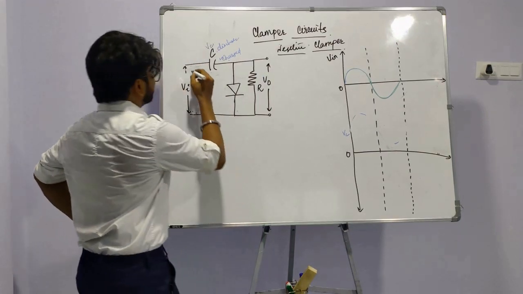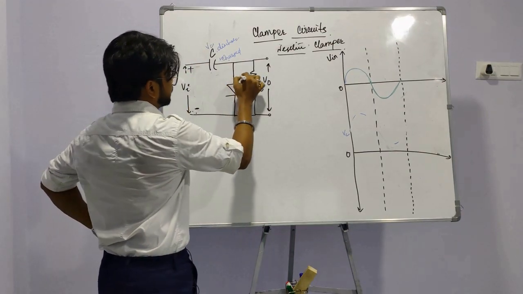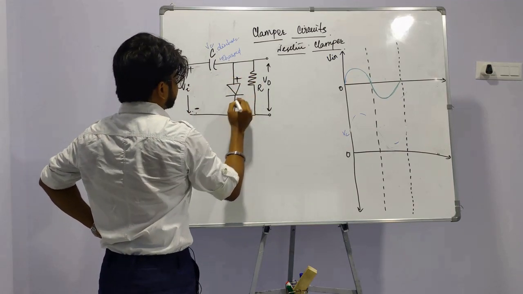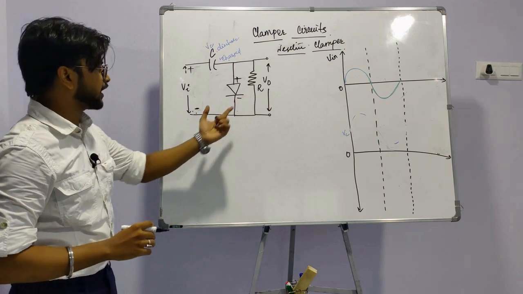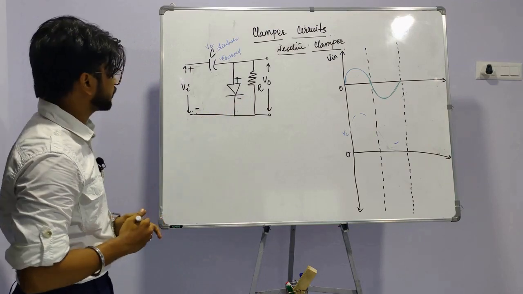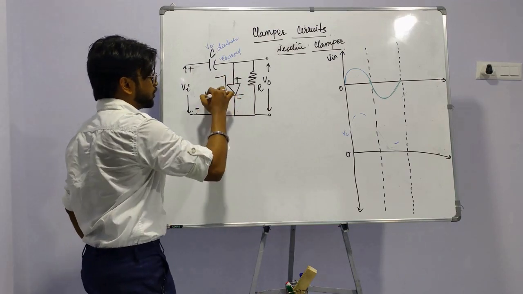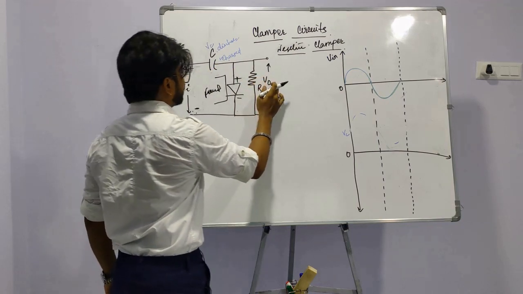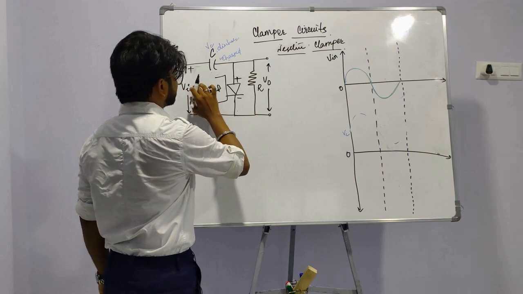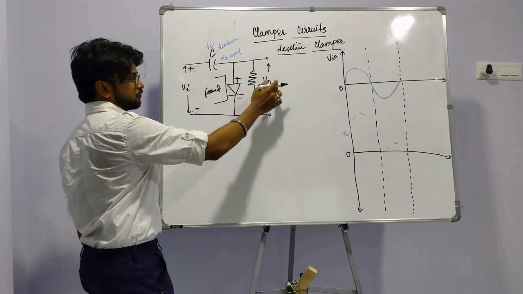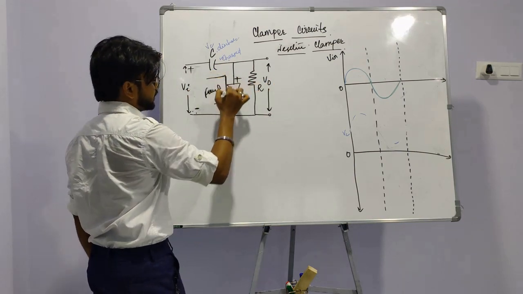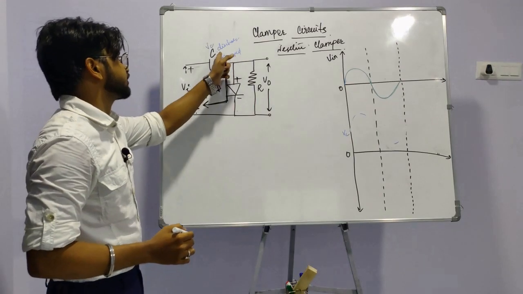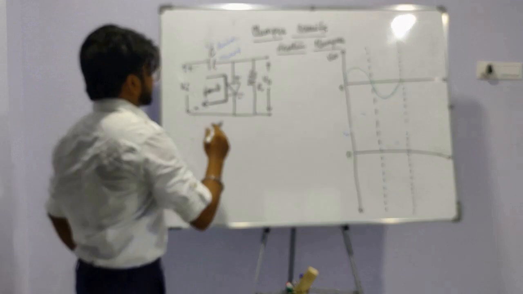So what happens first in the positive half cycle is that the positive side of the PN junction is connected to the positive terminal of the voltage source, and the negative side is connected to the negative terminal of the voltage source. Therefore it becomes forward biased. As it is forward biased, the voltage from Vi is not transferred to V0; rather the circuit gets completed in this manner and the capacitor C gets charged.